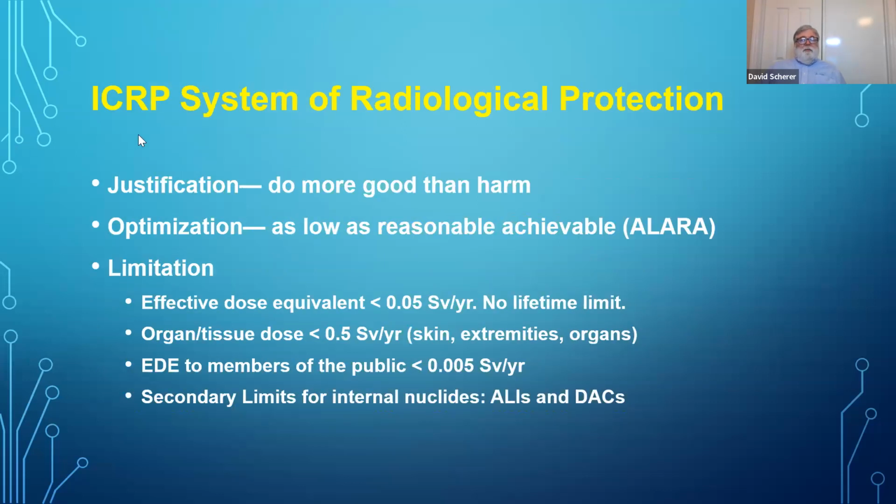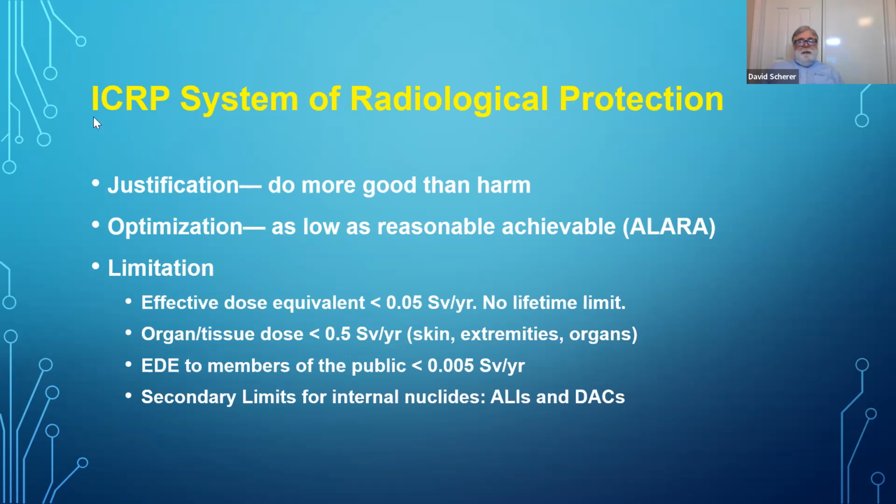Okay, the current system of radiological protection has been around for quite a while. It's based on 3 principles: justification, optimization, and limitation. These are in this era of around the 60s. So justification: radiation should not be used unless the net effect of that action, the operation, the activity that uses radioactive material does more good than harm.